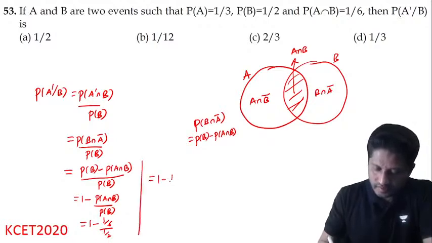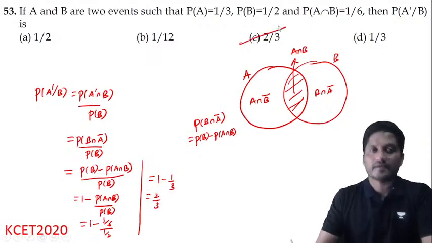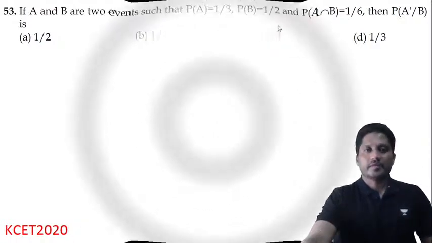This is equal to 1 minus 1 by 3, which is equal to 2 by 3. Answer is option C. Let's move to the next question.